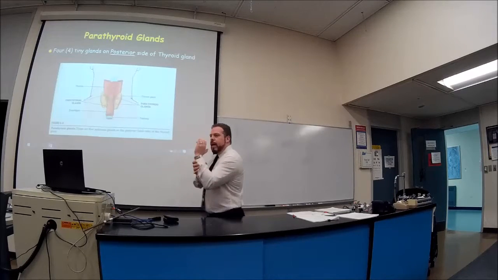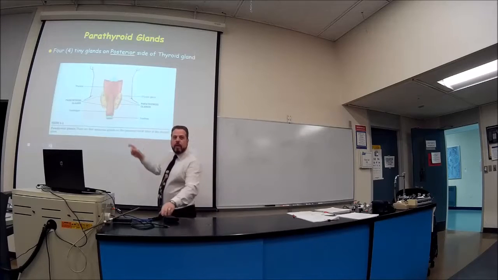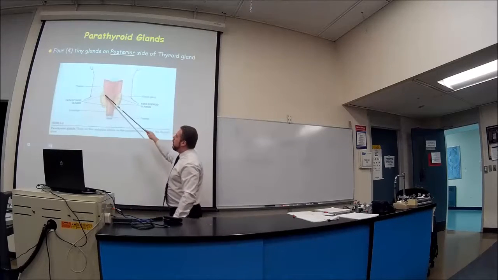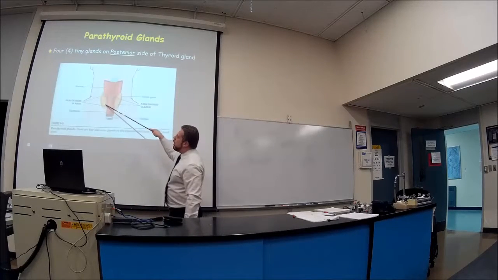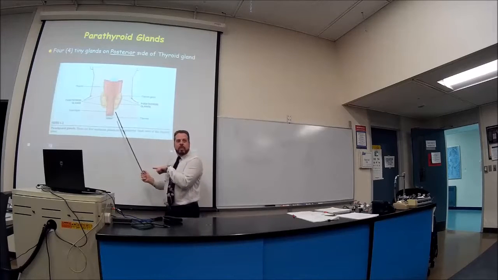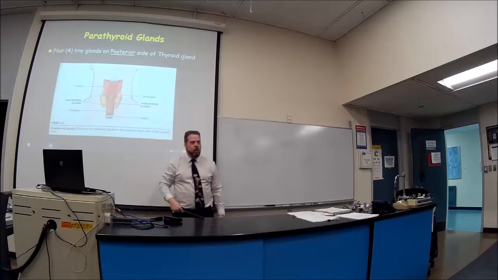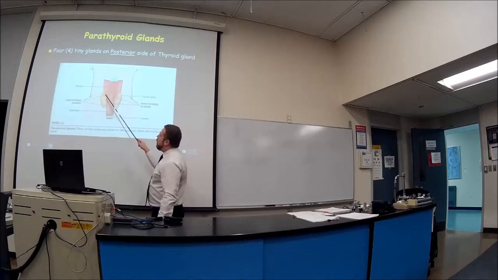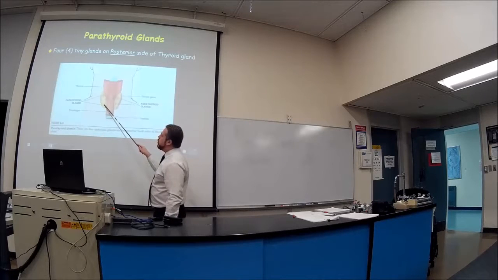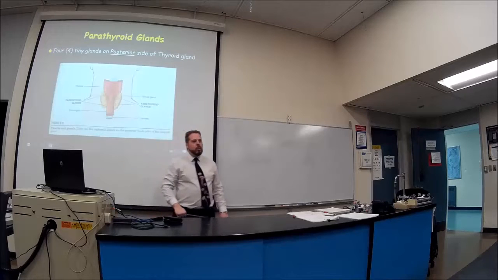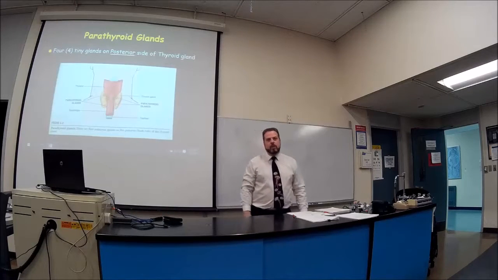If I turn it around, this is the left, this is the back of the neck. Does that make sense? This is the left lobe, and here's the right lobe of the thyroid. On there, you will find pea-like structures, usually 2 or 3 on one lobe and 2 or 3 on the other lobe. Those are called the parathyroid glands.